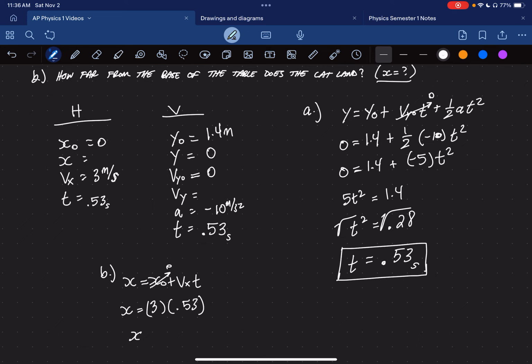I am using the calculator's answer for time, the 0.52915, and we get a distance of 1.59 meters.